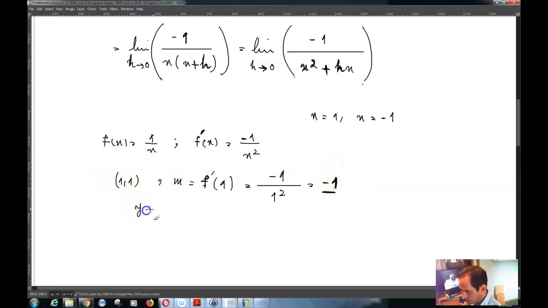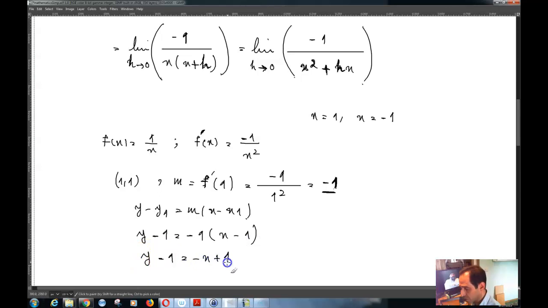So y minus y1 is equal to m times x minus x1. Y minus 1 is equal to negative 1 times x minus 1. So y minus 1 is equal to negative x plus 1. And so y is equal to negative x plus 2.